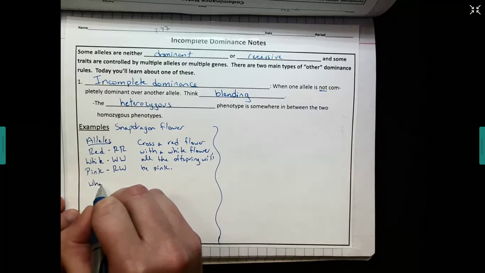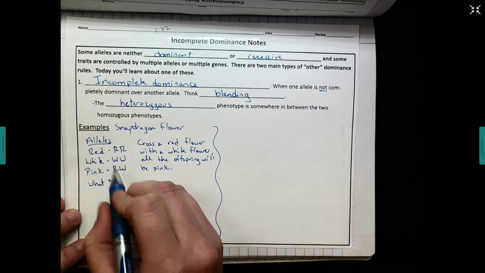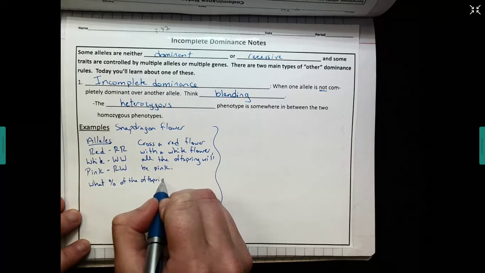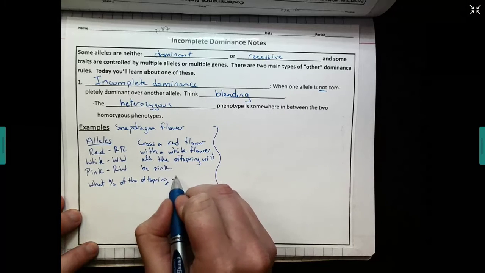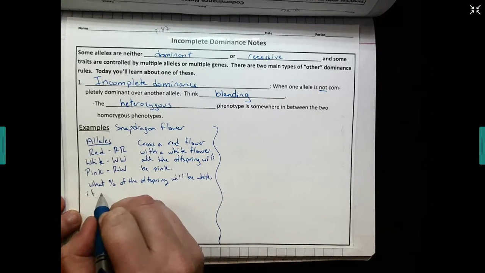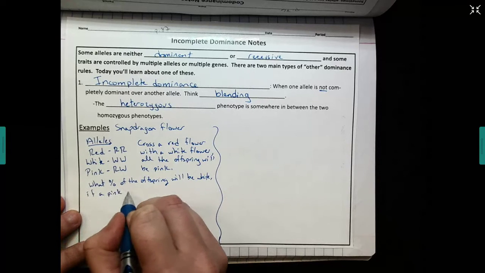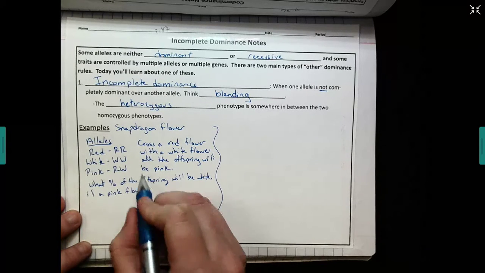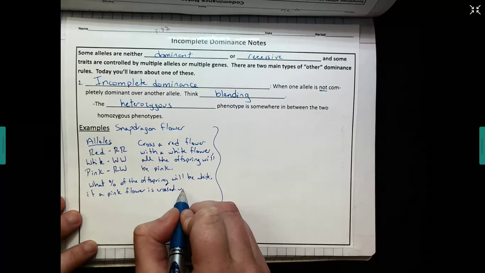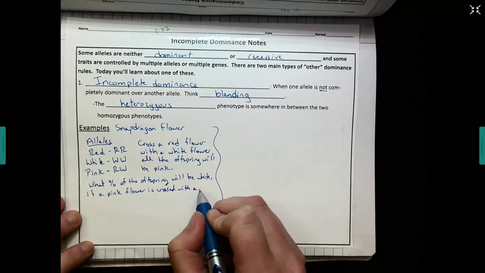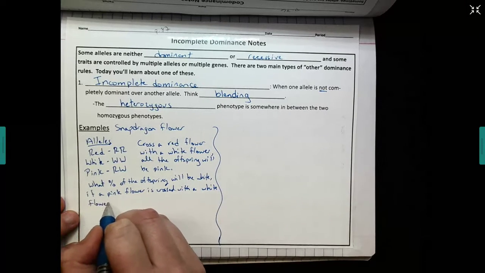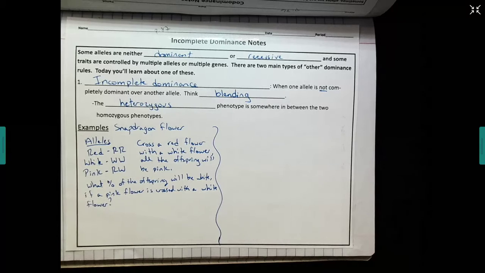So what percent of the offspring will be white if a pink flower is crossed with a white flower? All right, so that's our question.